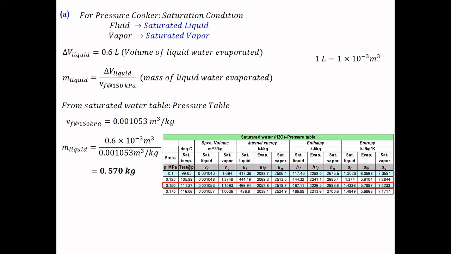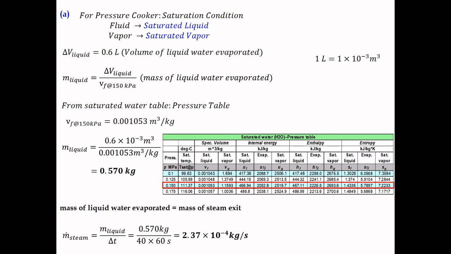Okay, in order to determine the mass flow rate of the steam that is produced, we use the relation where we know that the mass of liquid water evaporated equals the mass of the steam exit. So the mass flow rate of the steam, m steam dot, equals m steam divided by delta T. Because the value is the same, we just use m liquid divided by delta T, which is equal to 0.570 divided by 40 multiplied by 60, because we need to change from minutes to seconds.